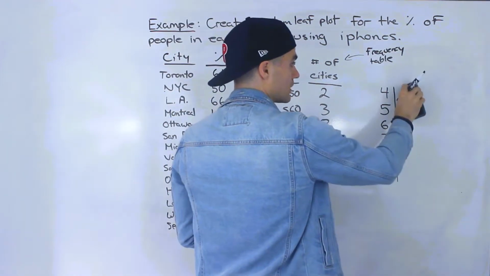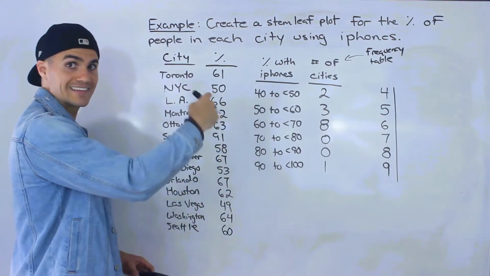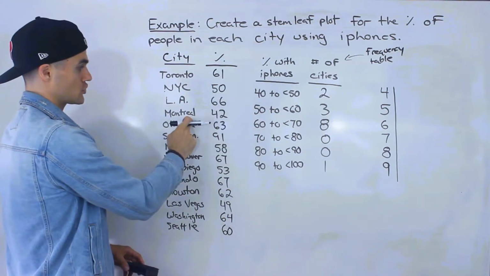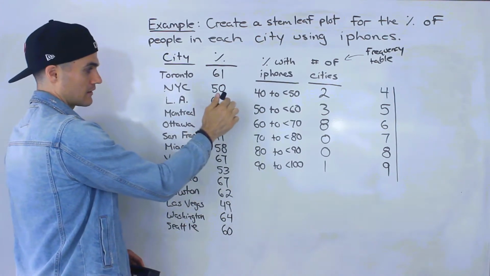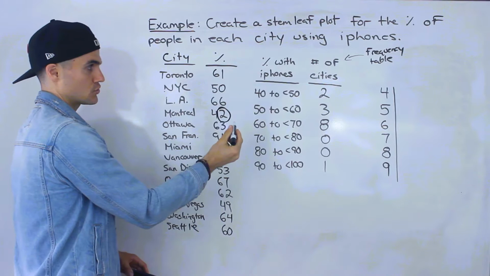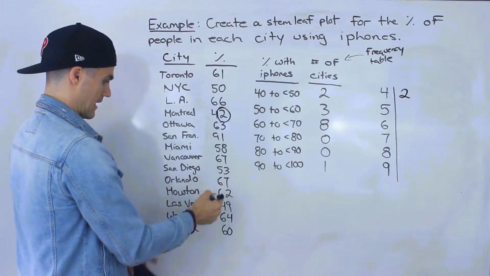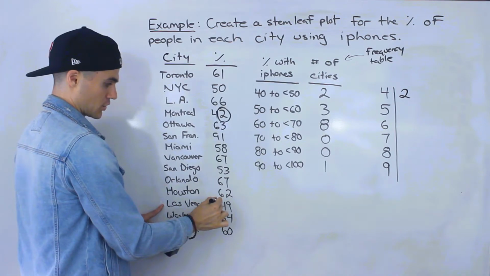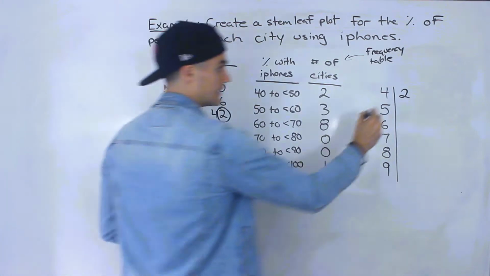What we do here on the right side is put the other digit, the last digit. So notice with Montreal, it starts with a 4, last digit is 2. So we would put a 2 here. And then the other city that started with a 4 was Las Vegas. Last digit is 9.